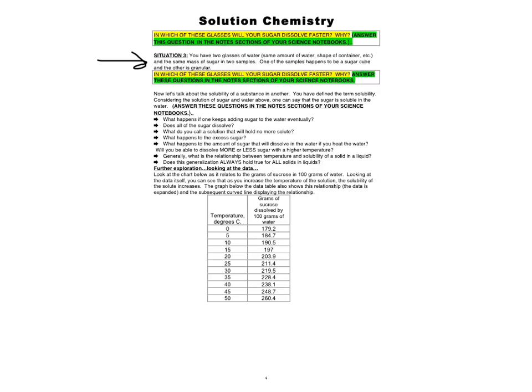So, talking about solubility of substances in another substance. What we have here is a table, and I've got several different guiding questions that'll help you understand this a little bit. But as a general rule, when you look at this table, this is kind of what happens with a lot of solids in water in terms of being able to dissolve. As you see, when the temperature goes up, the solubility goes up.